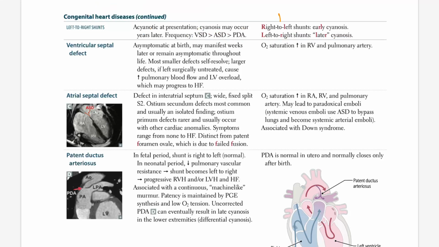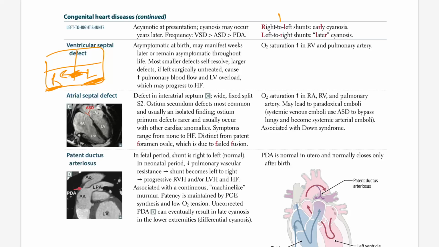So in VSD, what do we have? VSD is simply a defect here which causes left to right shunt. Why? Because pressure here is high and there's low pressure here. So fluid is just going to go easily towards the right side.